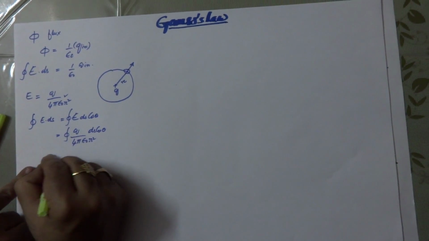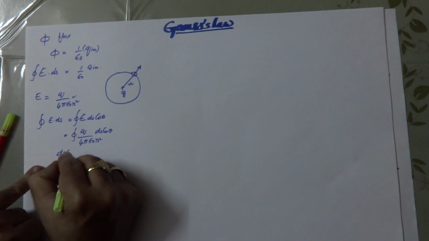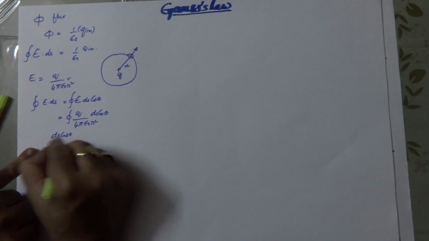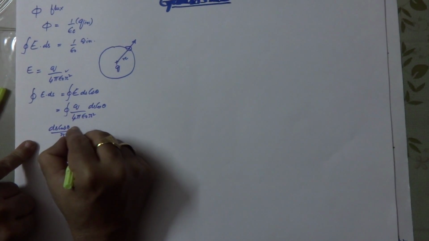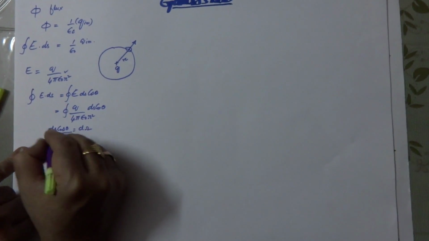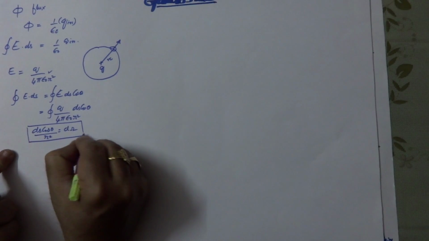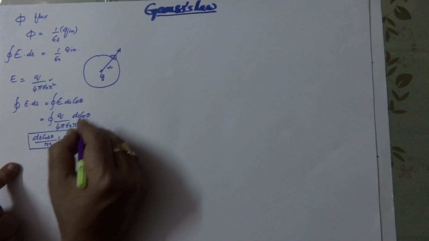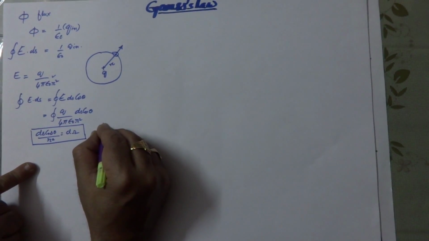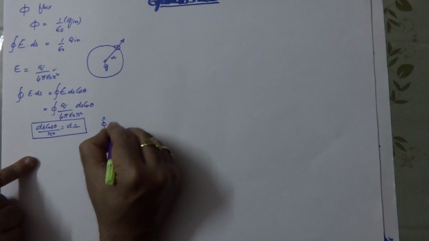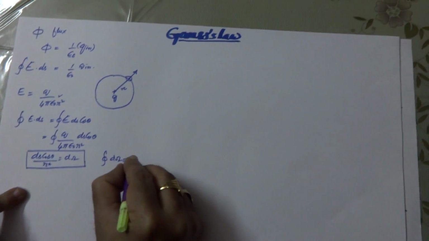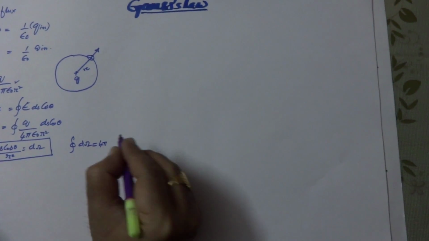Now we know that ds cos theta by r square is nothing but the small solid angle. Now we also know that integral over d omega is always equal to 4 pi.